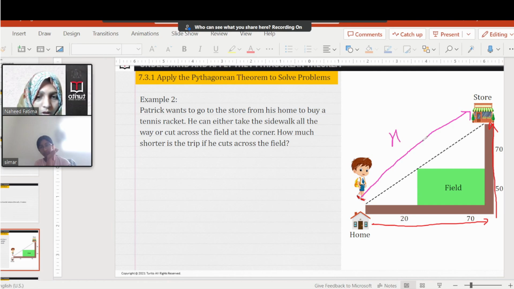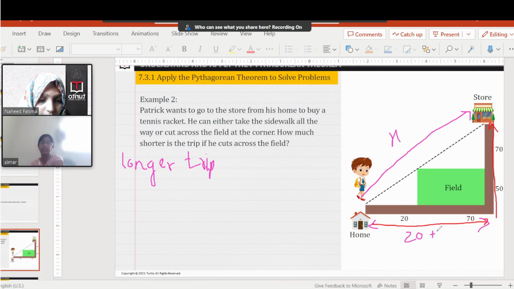How much shorter is the shorter trip than your longer trip? So first of all, what is the longer trip? Longer trip equals... how much is this thing total? 20 plus 90, so it's 90.